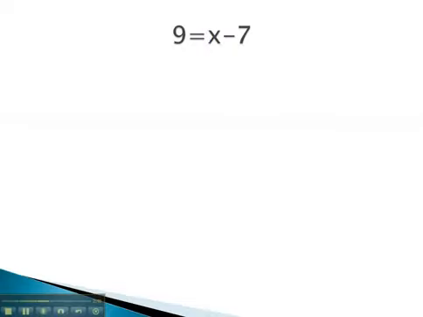In this problem, 9 equals x minus 7. Again, we will balance through the equal sign and find x by trying to get it alone by removing the numbers with x. Here, there's a minus 7, or negative 7, with the x. The opposite of a negative 7 is a positive 7.